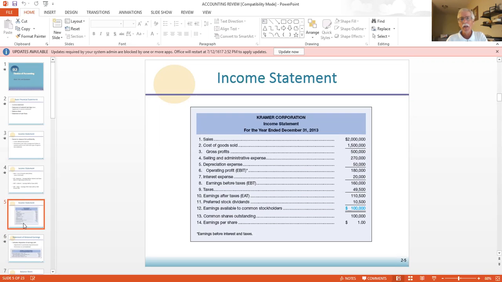Notice the heading says that this is the Kramer Corporation income statement for the year ended December 31, 2013. So we've measured sales and all of its expenses and various other deductions from revenues for that 12-month time period specifically.